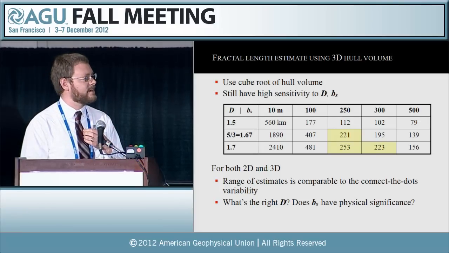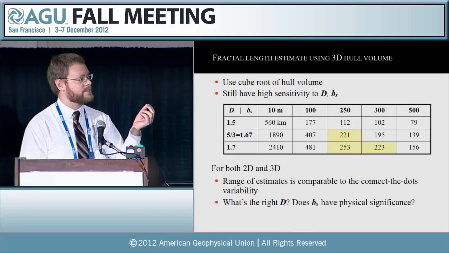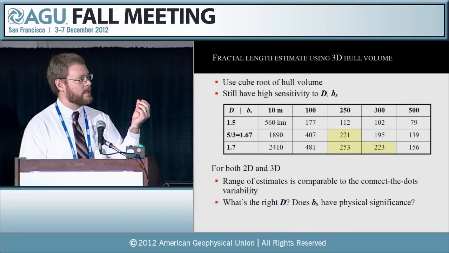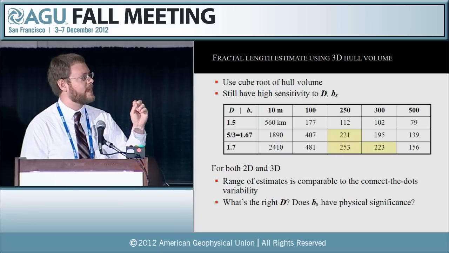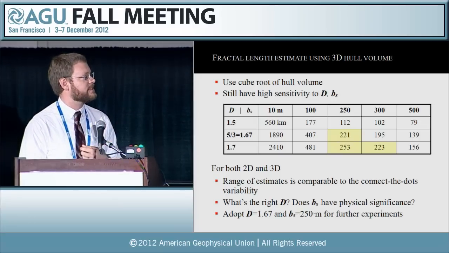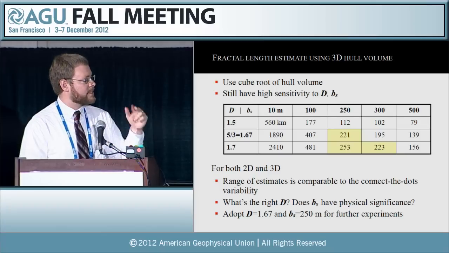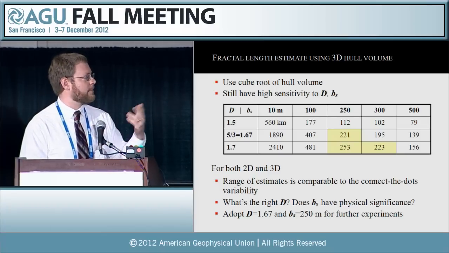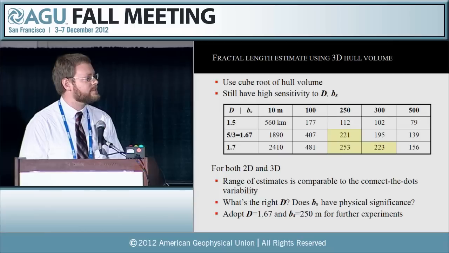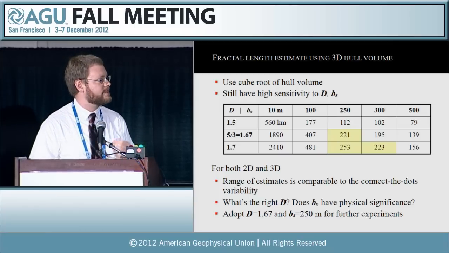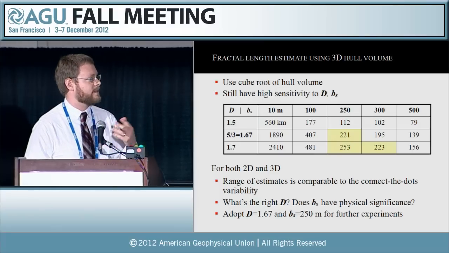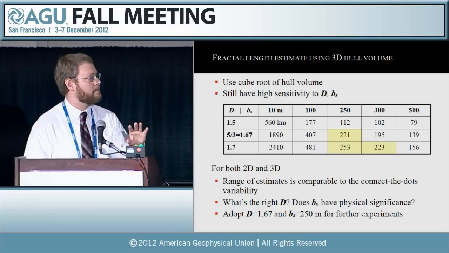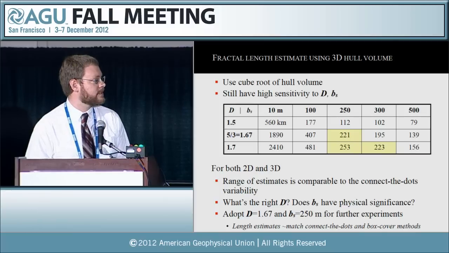I think it's interesting to try and work towards determining those, because those are probably fundamental to the character of how the flash is developing and physically significant. I'm going to do some further work now. I'm going to adopt these two values for those further experiments, 5/3 and 250 meter box size. We could pick a different one, and it actually doesn't matter for what I'm going to do next.